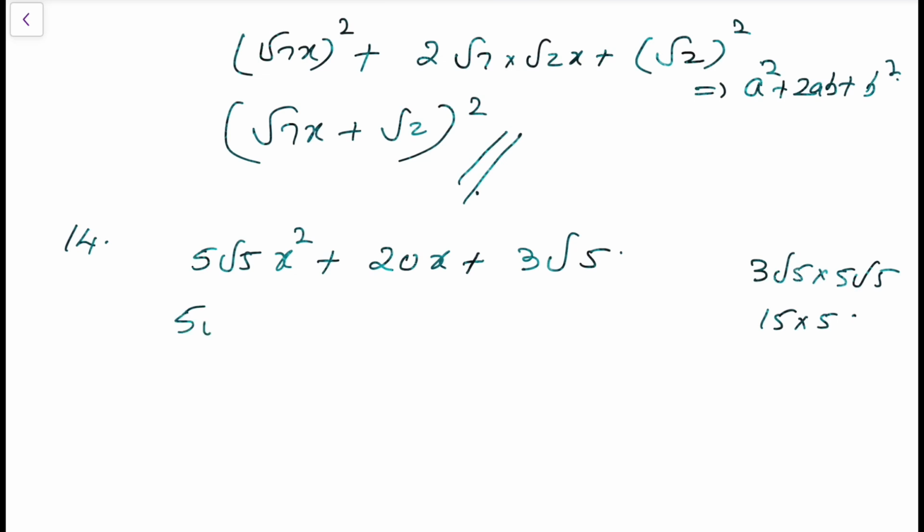So, 5 root 5 x squared plus 5x plus 15x plus 3 root 5, or I can write this as 15x and 5x.